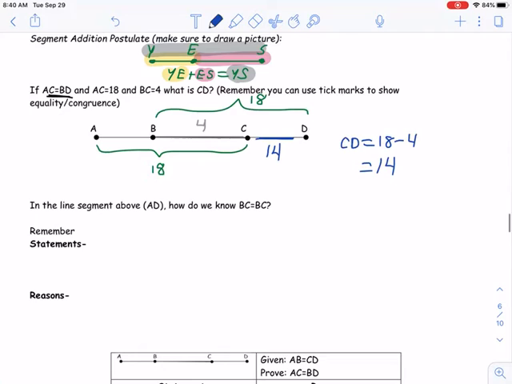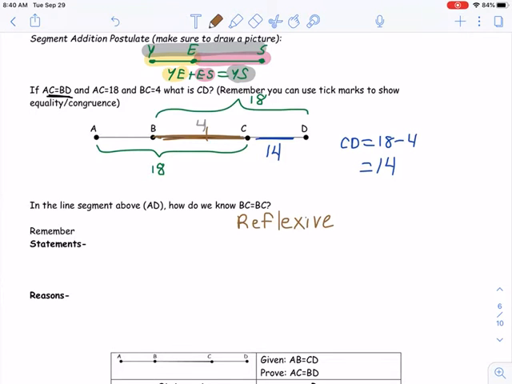And then in the line segment above, how do we know BC is equal to BC? How do we know that this segment right here, BC in the middle, is congruent to itself? Remember, we have a property, and that's the reflexive property. That's going to be really important later on. In Unit 4, we're going to use it a ton.